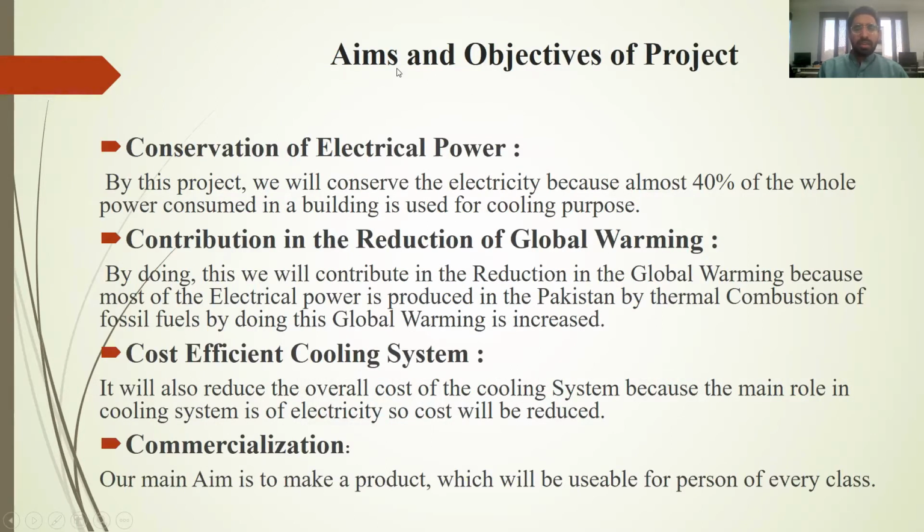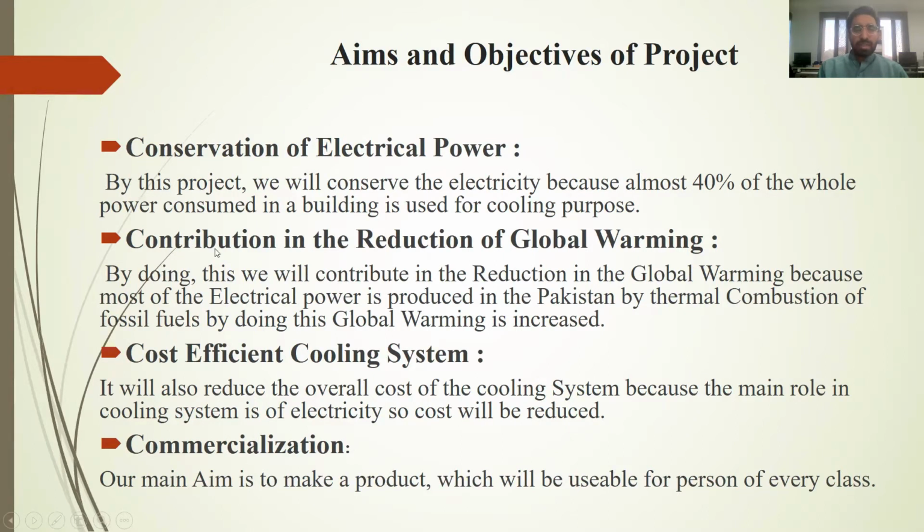These are some aims and objectives of our project. First aim is conservation of electrical power. By this project, we will conserve electricity because almost 40% of the whole power consumed in a building is used for cooling purpose.